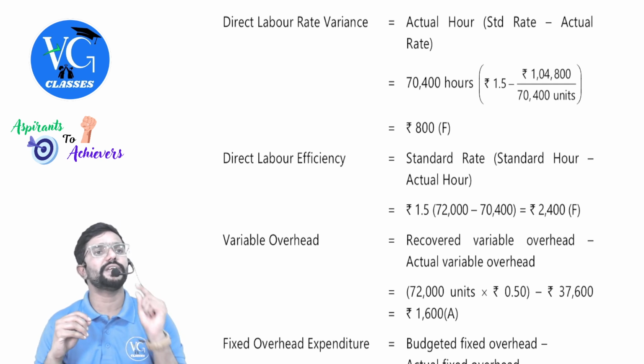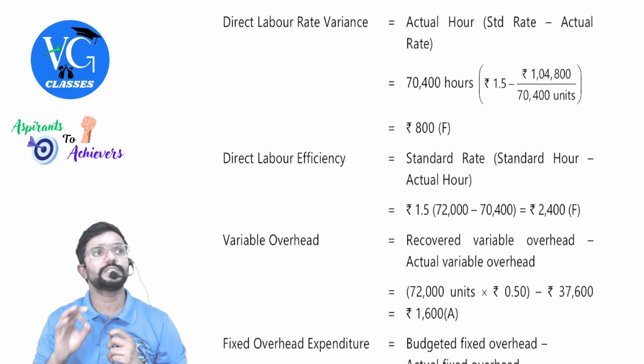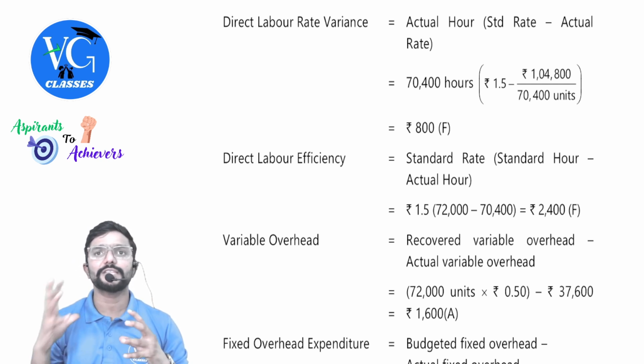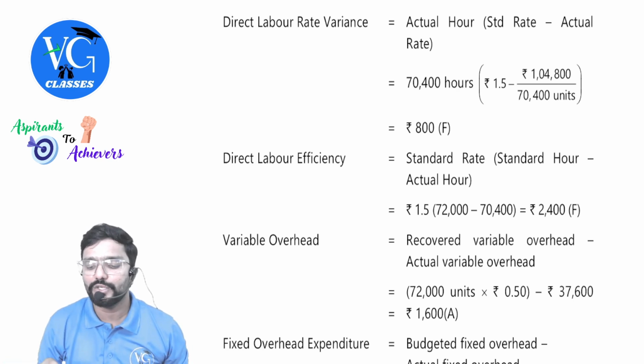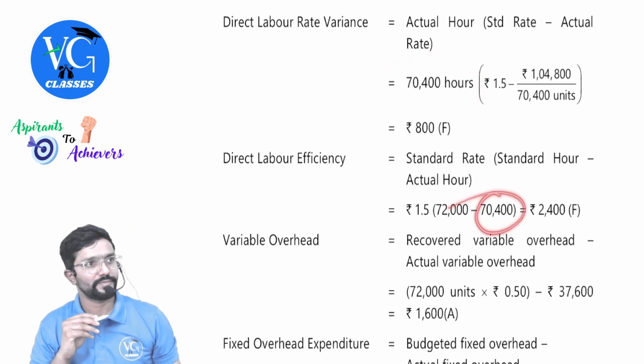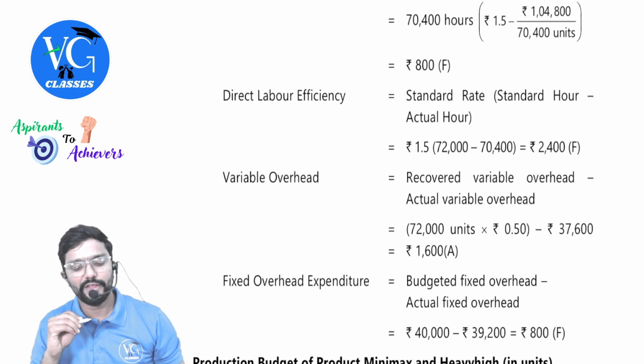In the question it is given for each and every unit, how many hours you are supposed to take? 1 hour. Actually, you have produced how many units? 72,000 units. So standard hours for actual output is 72,000 hours. Minus, actually you have taken how many hours? Same 70,400 hours. Into standard rate, that will give you 2,400 favorable.